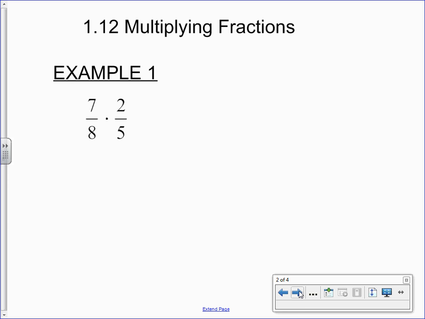Unlike adding and subtracting fractions, we do not need a common denominator when multiplying. So when multiplying fractions, you're going to multiply the numerators together. So we have numerator times numerator.